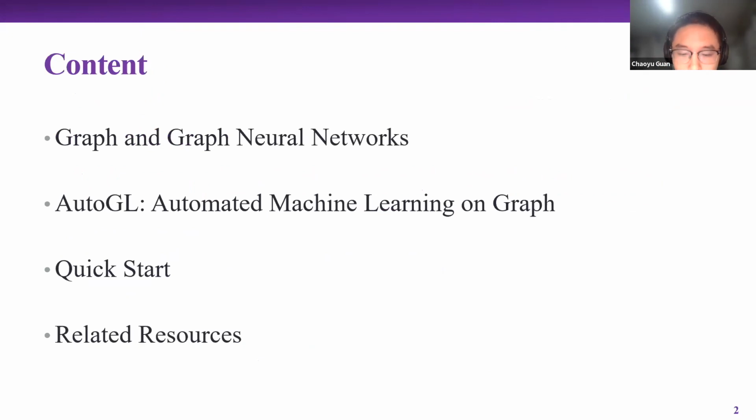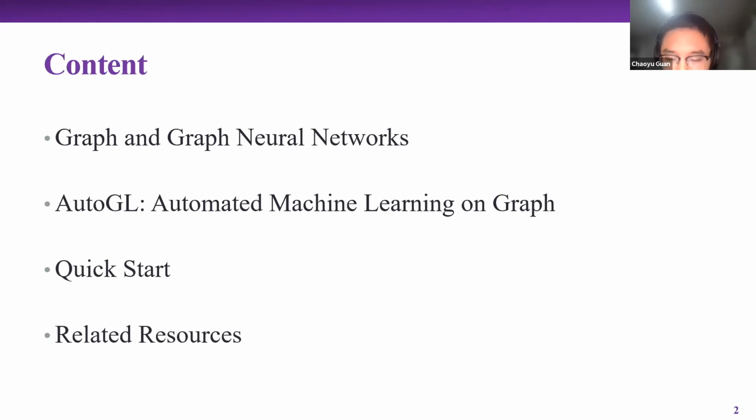So today, I'd like to share with you the following topics. At the beginning, I will give an introduction to graph and graph neural networks and how they are applied to real-world applications. And then I will share our AutoGL, a library for automated machine learning on graph, in which you can learn about how we decompose the problems, develop each part with suitable algorithms, and put them together.